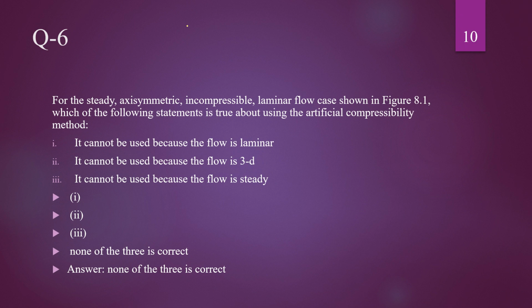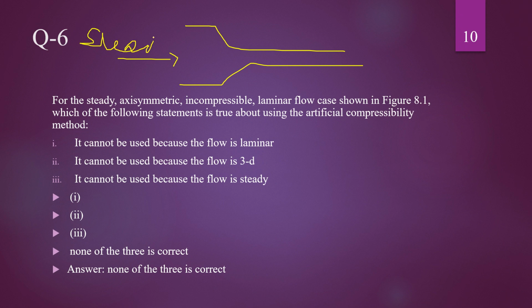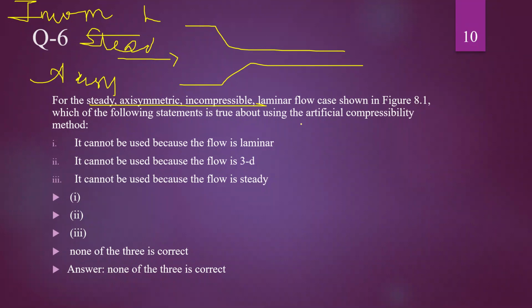So in this question, the flow is given as steady and axisymmetric, steady axisymmetric incompressible flow, and also laminar flow as shown in figure 8.1. Which of the following statements is true about the artificial compressibility method?